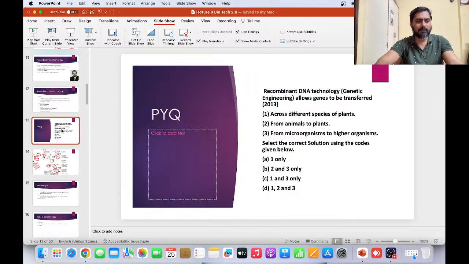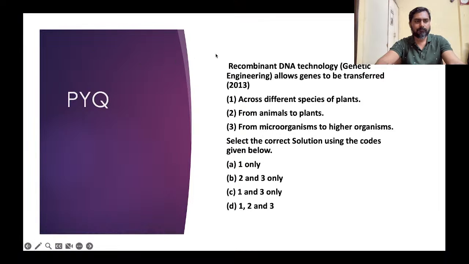Let us look at this question. Recombinant DNA technology, genetic engineering, allows genes to be transferred across different species of plants, from animals to plants, from microorganisms to higher organisms.